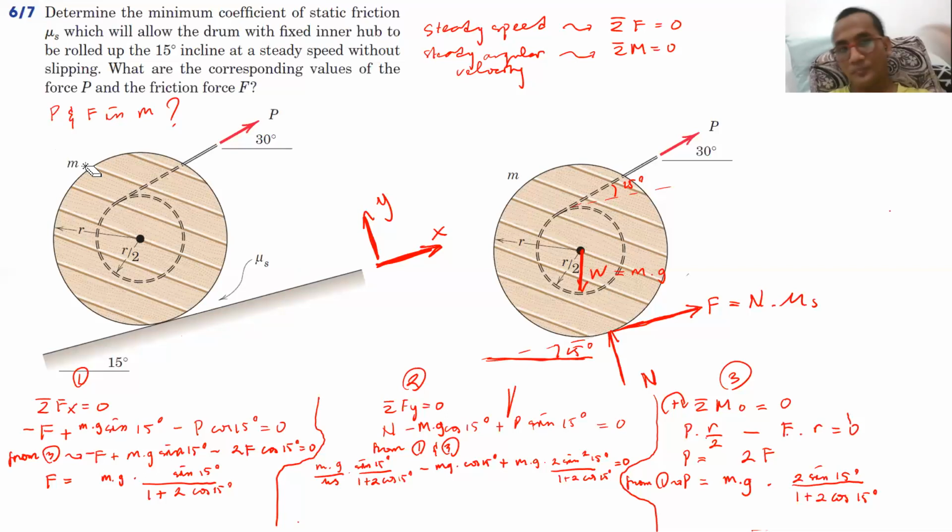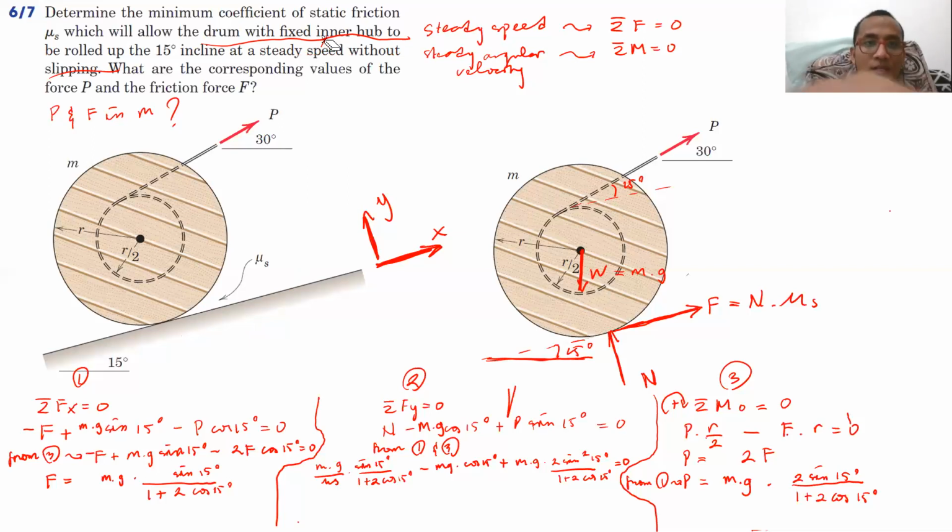So in order to solve this, the first thing that we're supposed to do is to see the whole system, and see what is the condition happening here. The condition happening here is, you can see, the drum with fixed inner hub to be rolled up a 15 degree incline at steady speed without slipping.